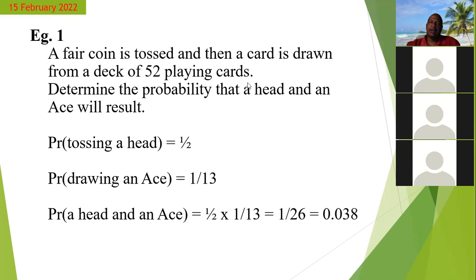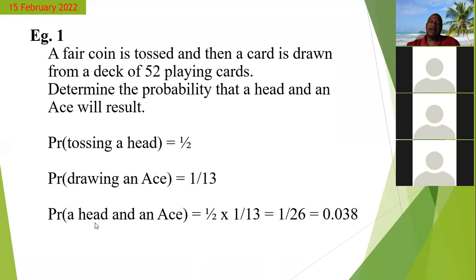Right. Now for independent events, we find the probability of one event and the probability of the other event, and then we multiply both probabilities to get the probability of the two events. So in this case, the probability of getting a head is a half, and the probability of drawing an ace is 1/13.